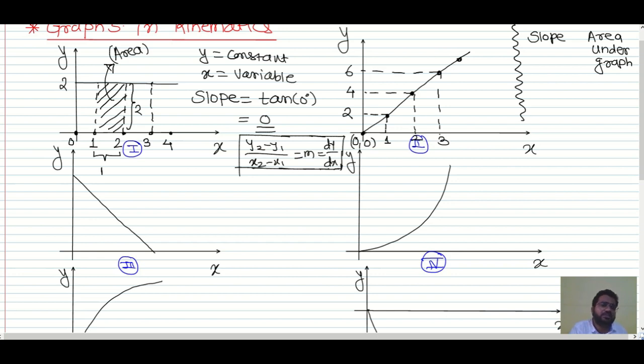Likewise, these points indicate that as x changes, accordingly y changes, right?